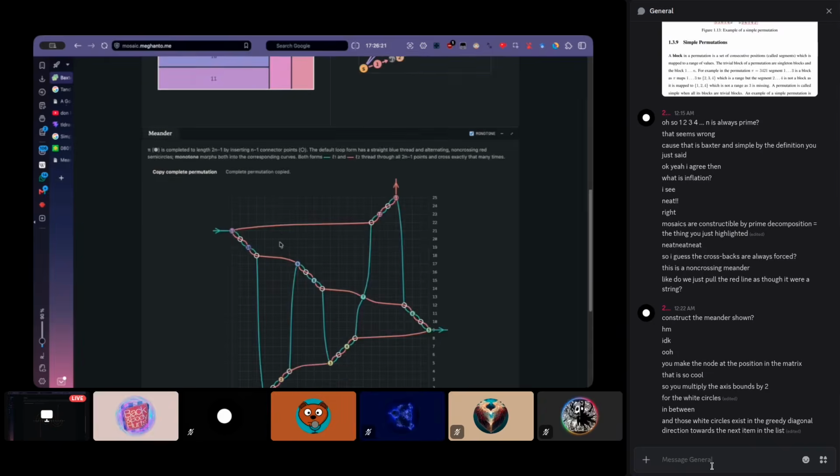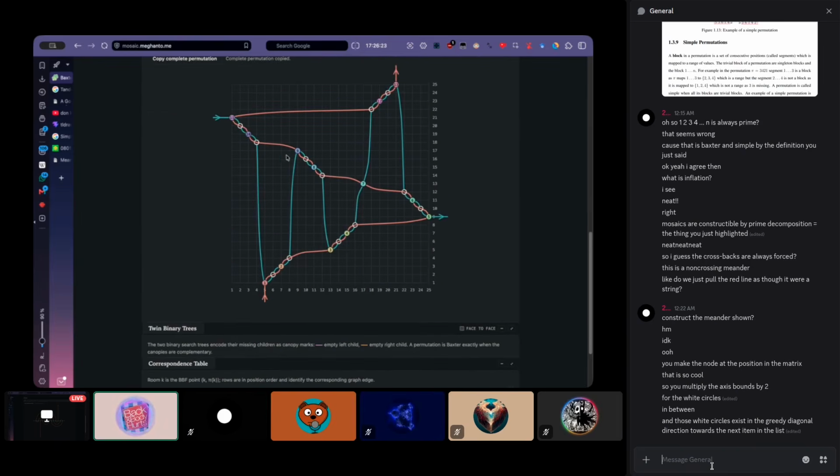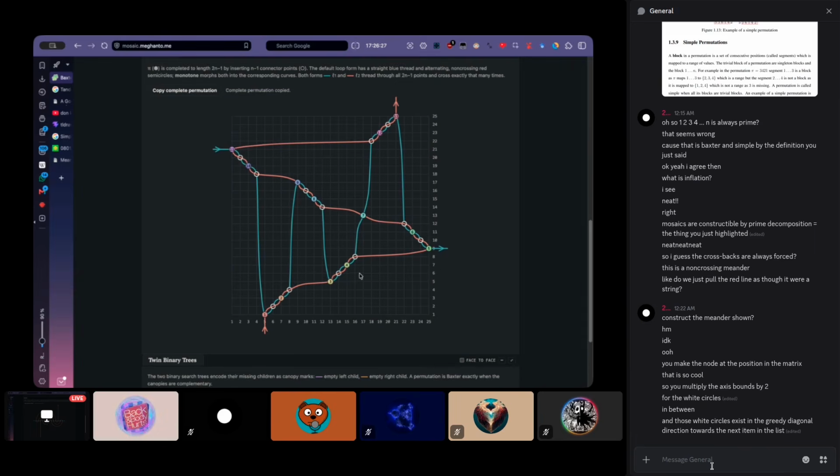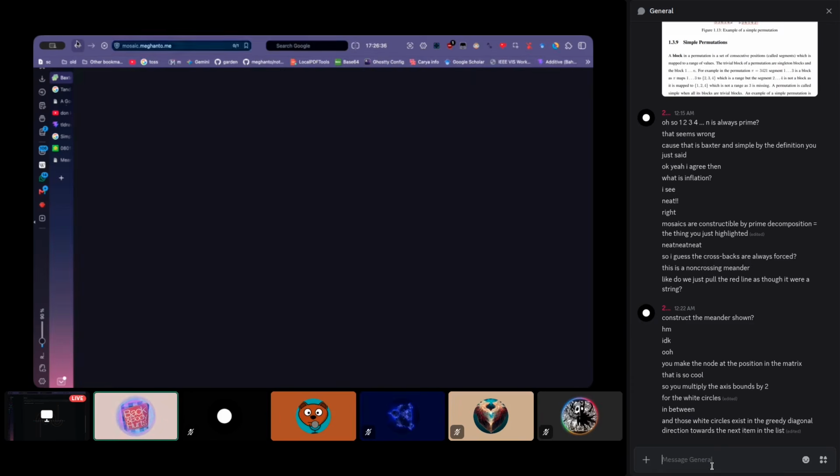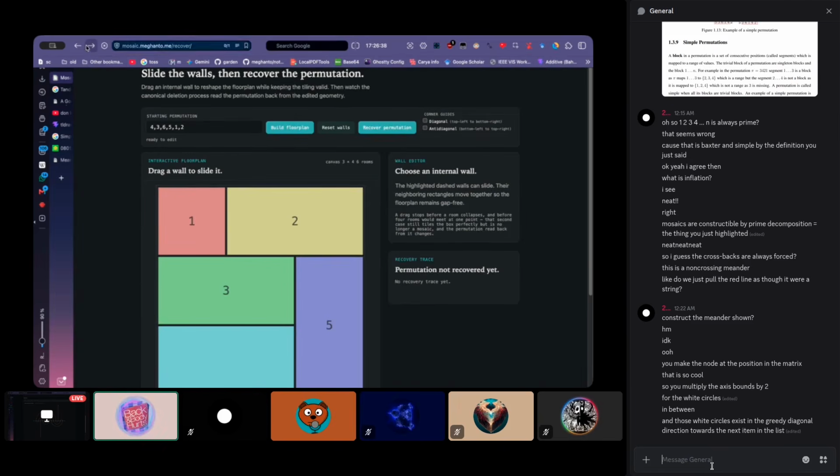And now that we have the big permutation, we have created something like this. Do you see it? And we can go back to the old one, I hope. No, we can't. Okay.